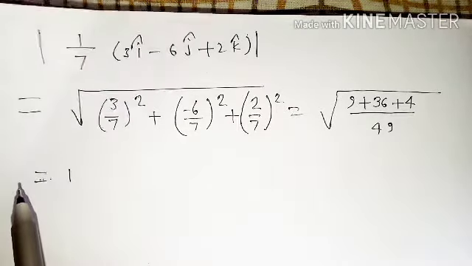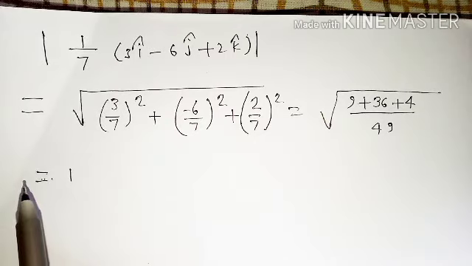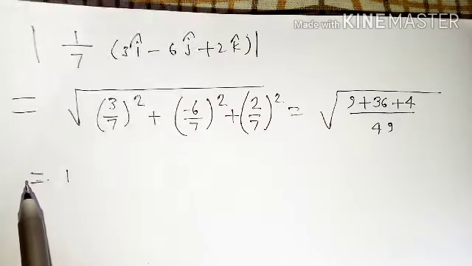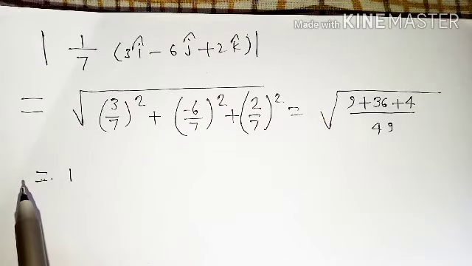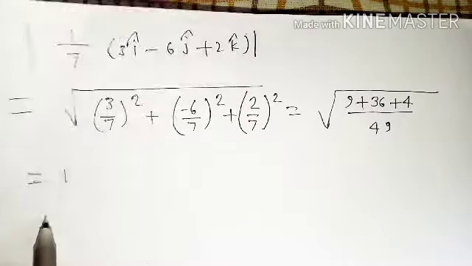AB cos theta is equal to 0 implies that cos theta is equal to 0, implies that theta is equal to 90 degrees. So let us take the dot product.